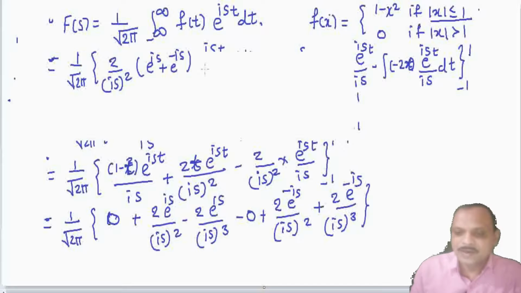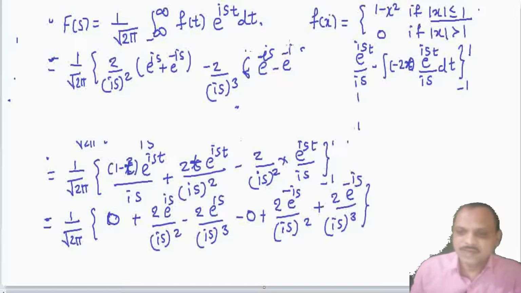Again we take minus 2 common and is cube common, and then e raised to is minus e raised to minus is.